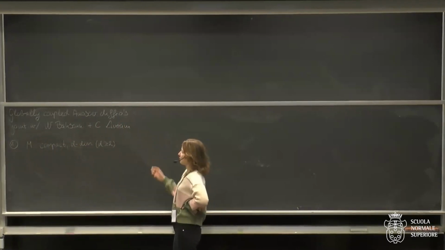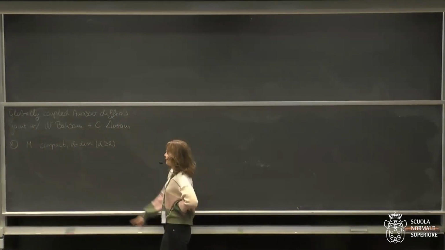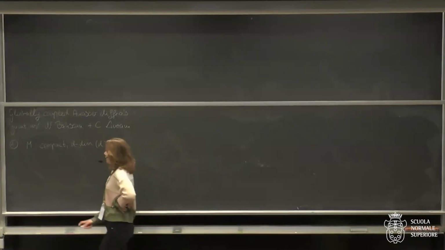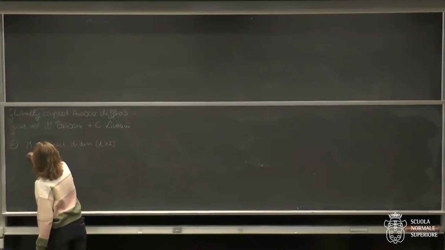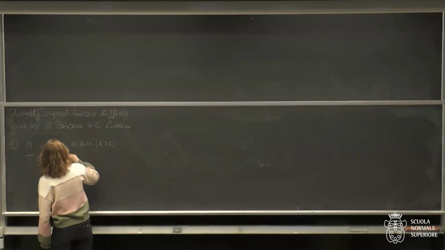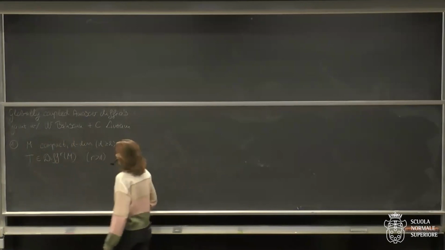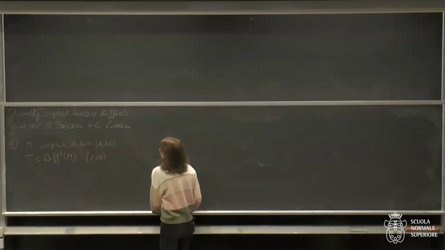So it's a compact Riemannian manifold with a dimension that's larger than or equal to 2. And we have a map of this manifold that is a C^r diffeomorphism, where r is some integer larger than 1, which is uniformly hyperbolic.